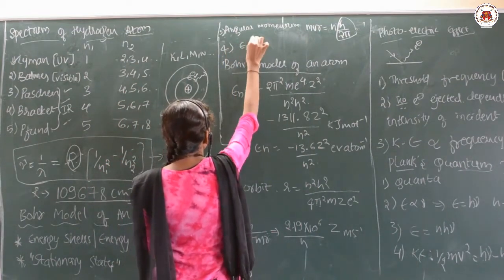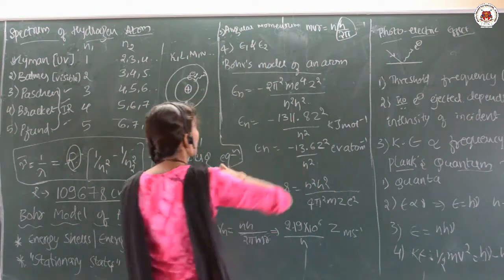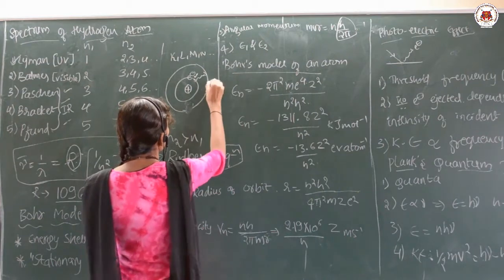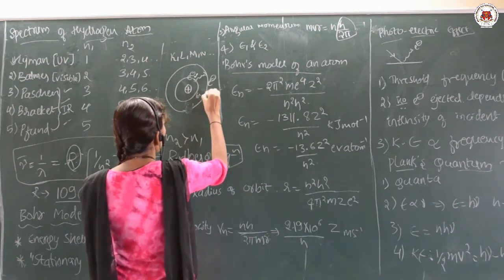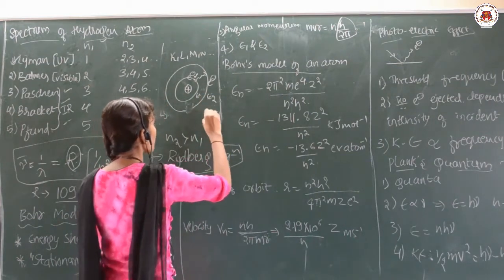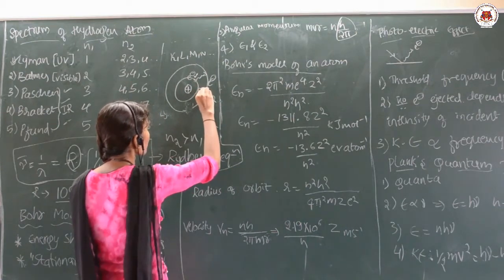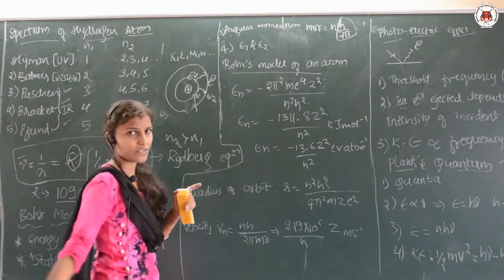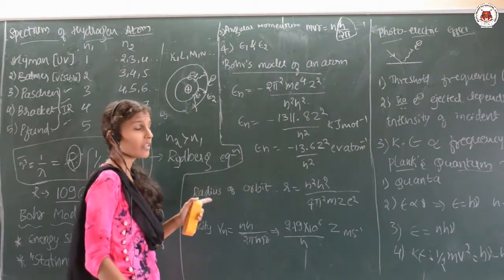Okay, and then we can say that suppose E1 and E2 are the energy levels. Let us consider the first energy level. This is E1 and this is E2. Suppose the electron is jumping from E1 to E2, it means lower to higher. It requires energy. It will gain energy.